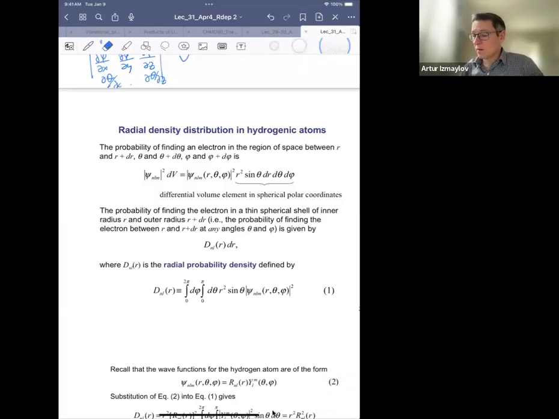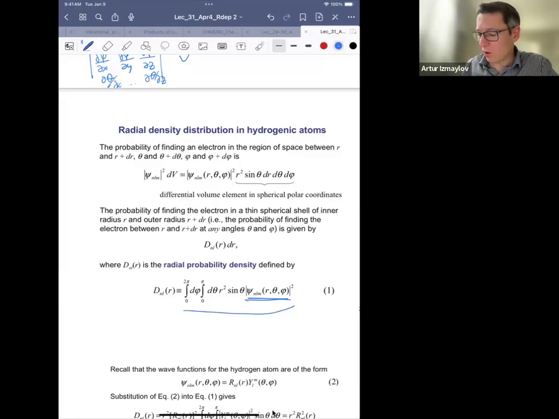And this is going to be useful for us because we can translate the electron density just by looking at the wave function absolute square and integrate all the angular coordinates, theta and phi, into one function of r.